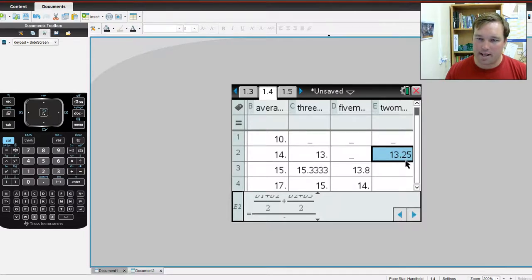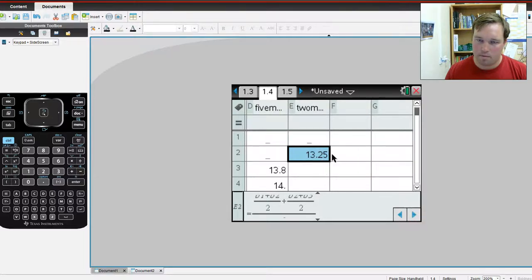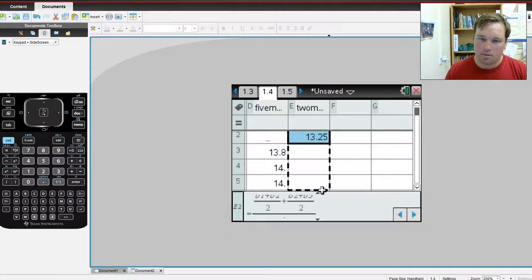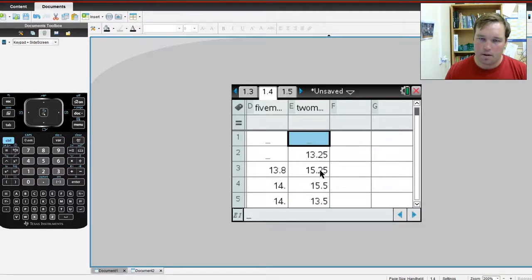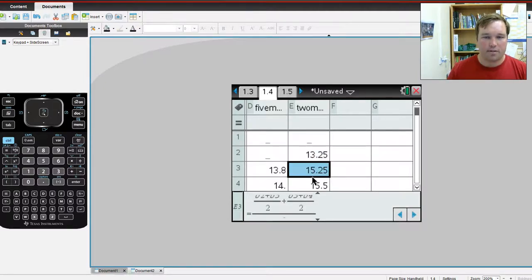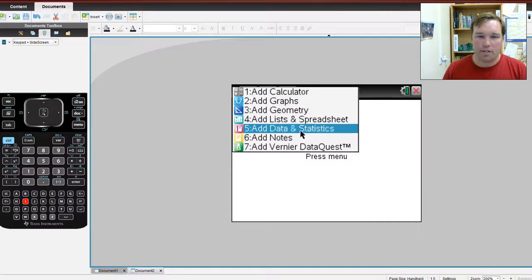If we click and drag it down, the computer is getting a bit overloaded with all the things I'm asking it to do, is the 15.25. So our calculators are incredibly useful with doing this smoothing rather than us having to do the legwork by hand. It's important we know how to do it by hand, but the computer really does help us. And we can look at what this smoothing does.